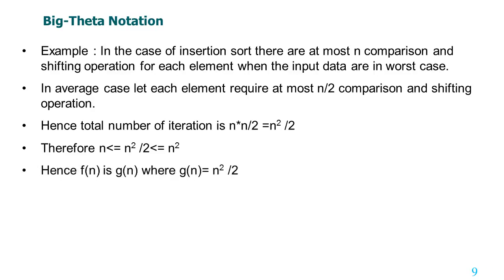So f(n) is Θ(g(n)), where g(n) is n squared. Since n squared by 2 is far greater than n, it tends to n squared. So g(n) is equal to n squared. Hence f(n) is Θ(n squared). So the average case of insertion sort is represented as Θ(n squared).